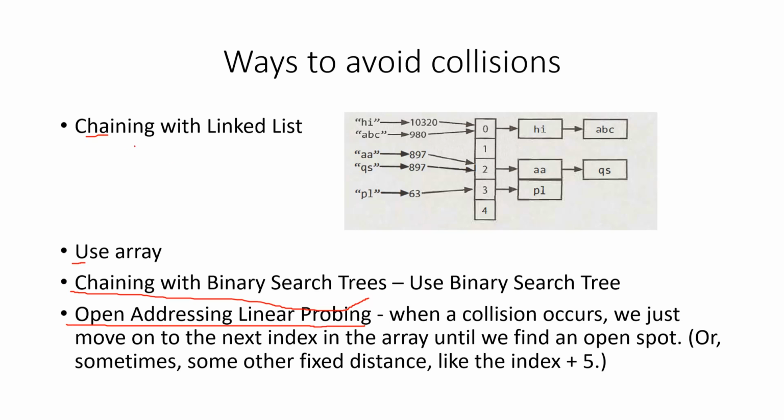So what is chaining with a linked list? It means that on a slot, we store the pointer to where our linked list is located. So here is the example. Let's say that we have two strings and we need to keep both of them: "hi" and "ABC".